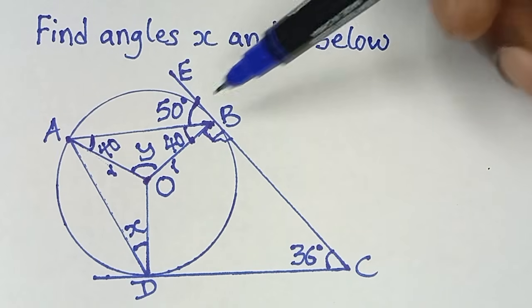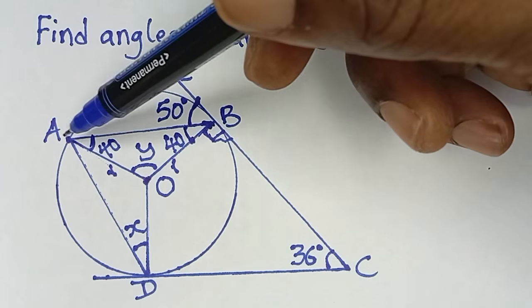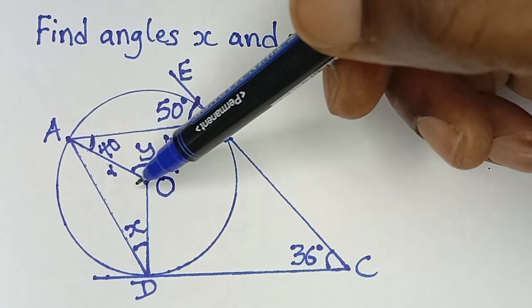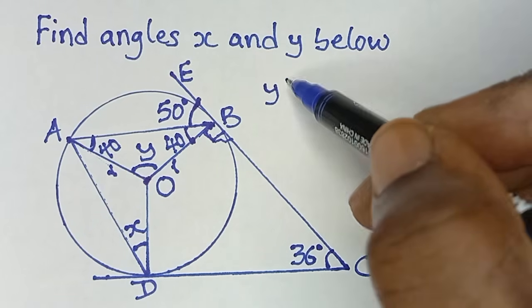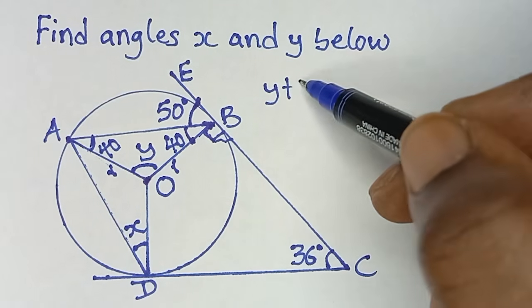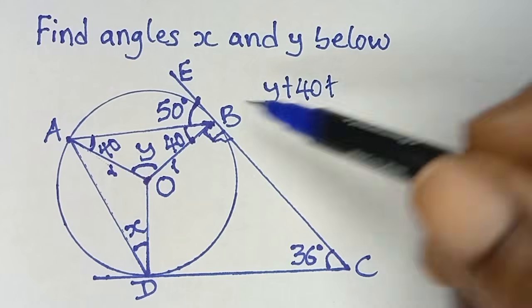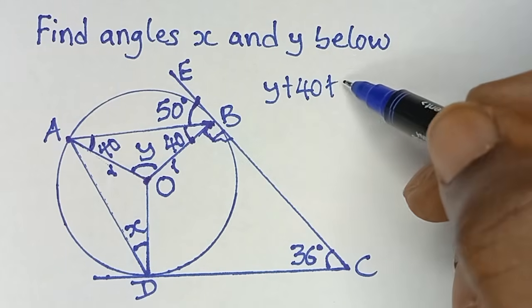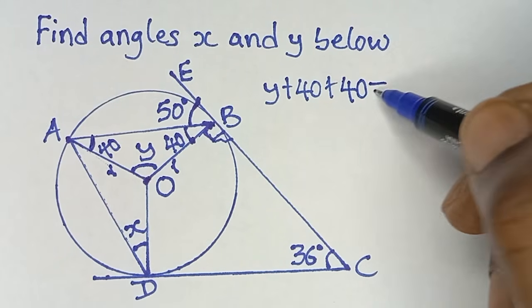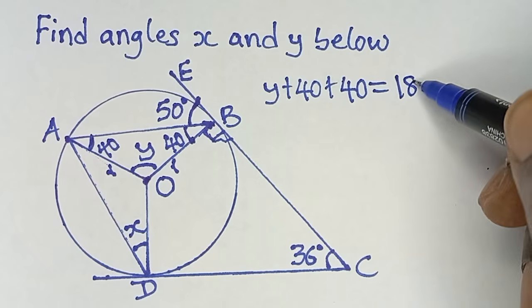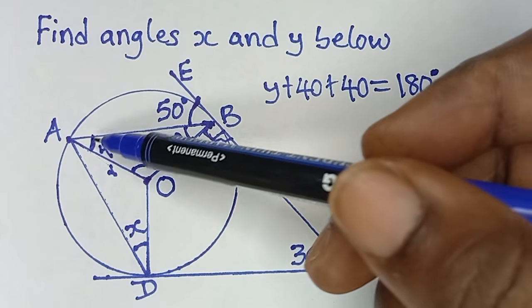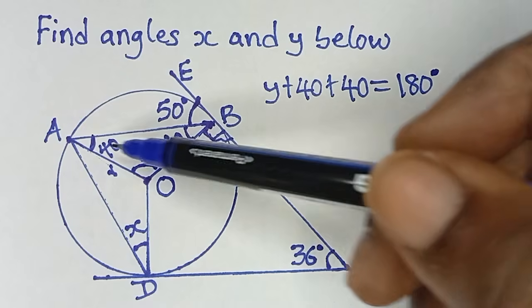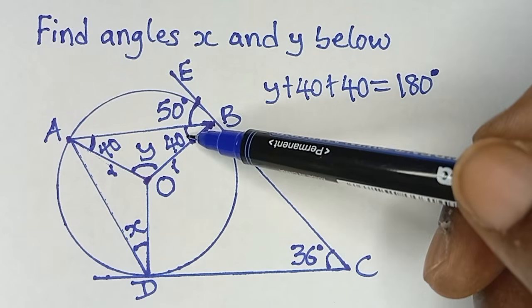Then now, with respect to angle Y and this triangle ABO, we can simply say angle Y plus this 40 here plus this other angle 40 all together is equal to 180 degrees because the sum of angles in a triangle adds up to 180. So these three angles add up to 180.